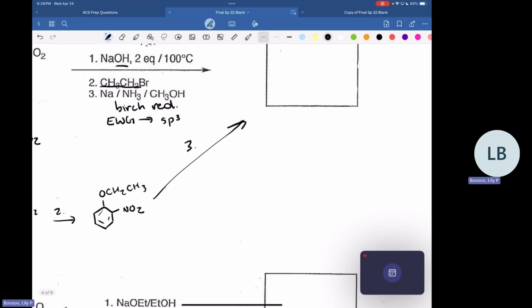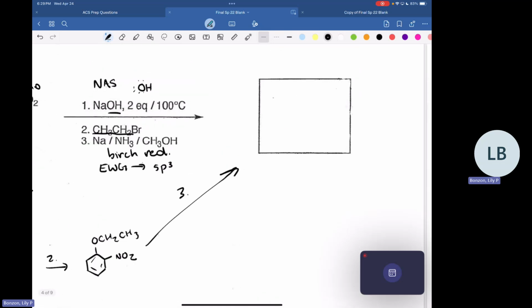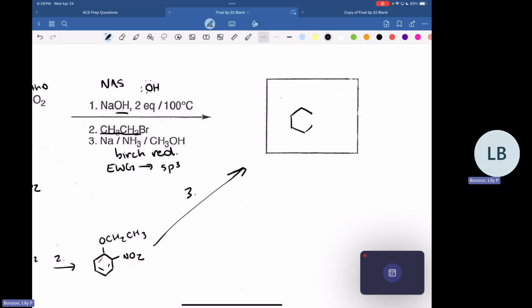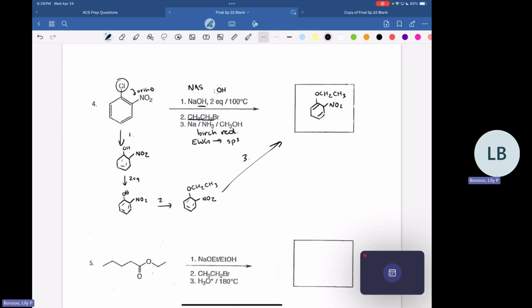That has to do with how the electron pushing mechanism works and favors the formation of that. I like to just draw my structure however it was in the ring. Got our NO2 here, and since NO2 is an electron withdrawing group, that one's going to be on the sp3 carbon, and we're going to put the double bonds on the other carbons. Okay, any questions on that one?